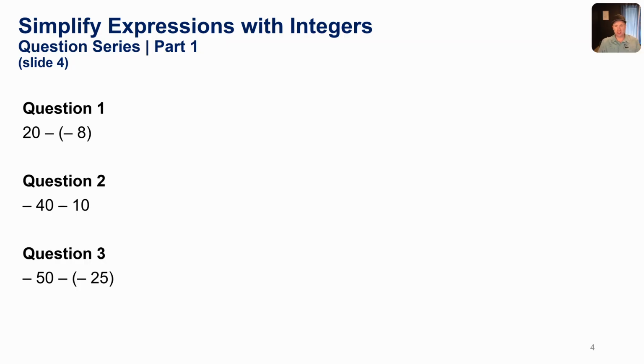Next, we have question 2, -40 minus a +10. So we're starting at -40. If I went to my number line, this would be on the left side of the number line. And then we are subtracting a +10.